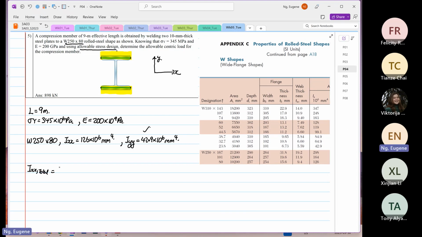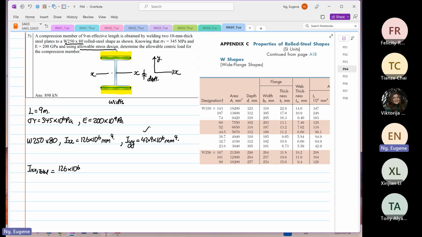So this is equal to 126 times 10 to the power 6. All right, so this is your X-X, right? So this is your width. And over here, this is your depth, right?